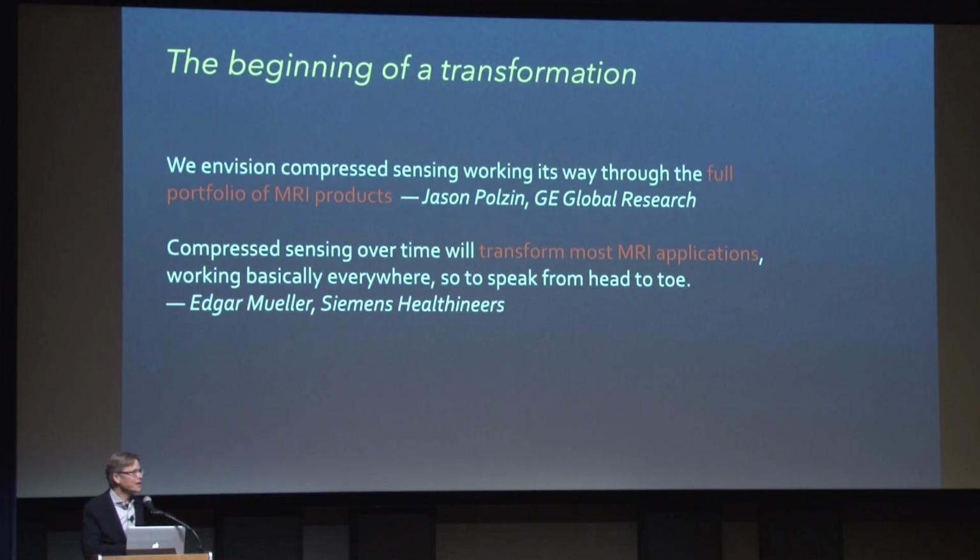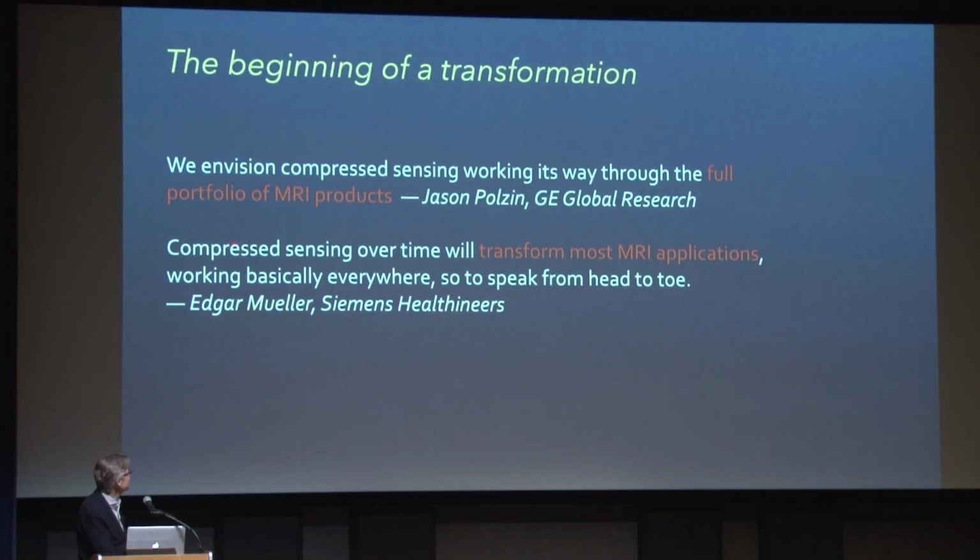These particular products, which are on the market, are simply the tip of the iceberg. And we have here some particular researchers at the two major providers who have gone all in on this, pointing out that they see that compressed sensing is something that they'll be able to use all through all the MRI products that they offer, or all through all the MRI applications that they're aware of.